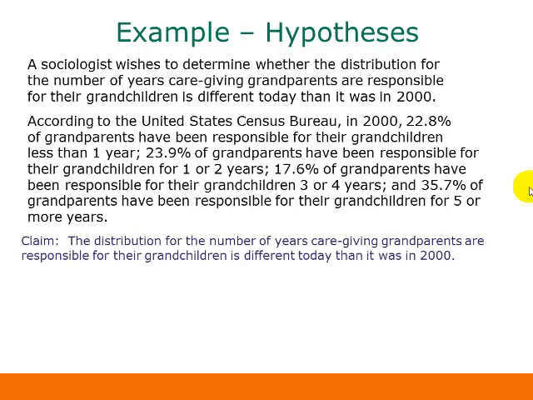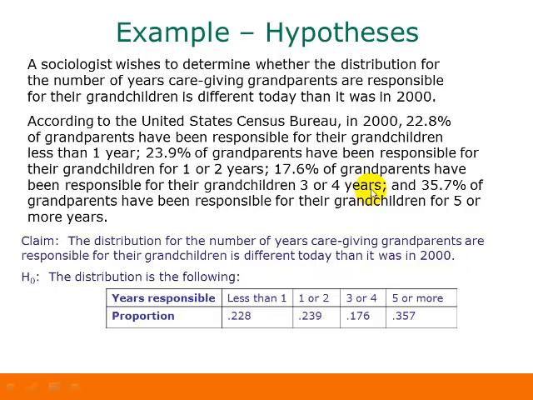So the way we're going to write the claim is that the distribution for the number of years caregiving grandparents are responsible for their grandchildren is different today than it was in 2000. In other words, different than these percentages that are given that came from the Census Bureau. So our null hypothesis is that the distribution is the same as the information from 2000.